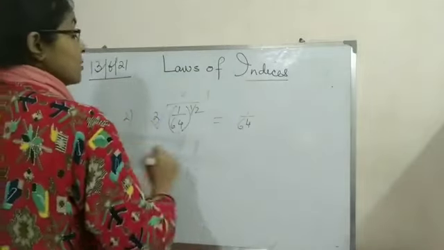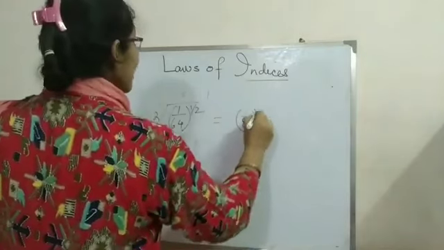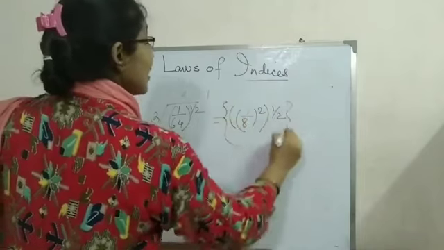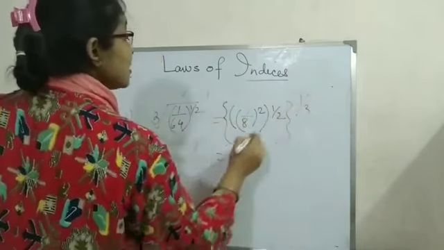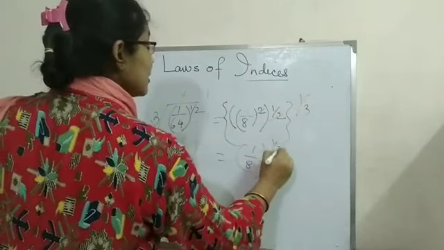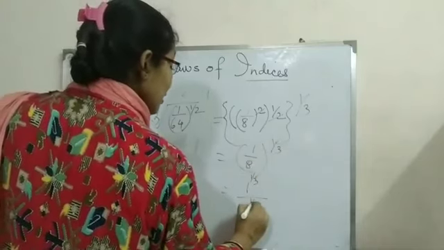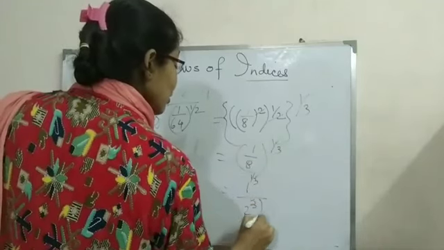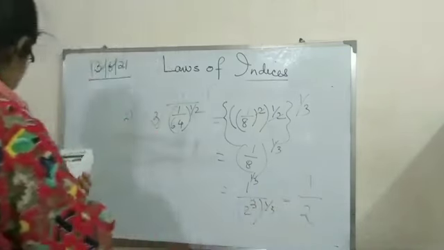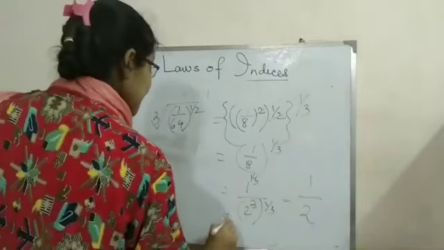This is equal to 1 by 8 whole square, and I can write it in this way. 2 cancels out, 1 by 8 whole to the power 1/3. I can write it as 1 to the power 3, 2 to the power 3 whole to the power 1/3. This is equal to 1 by 2. That is, answer B is correct.